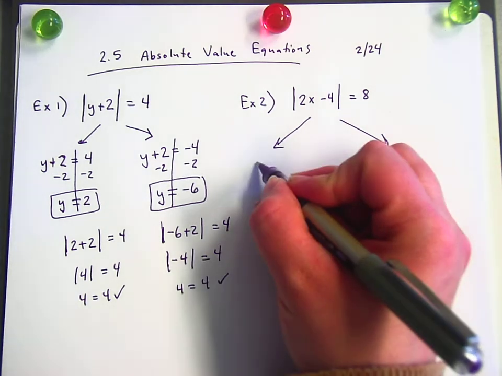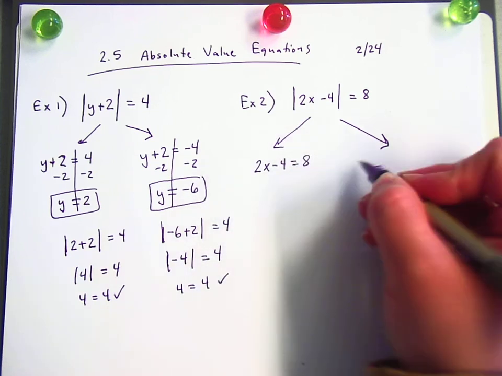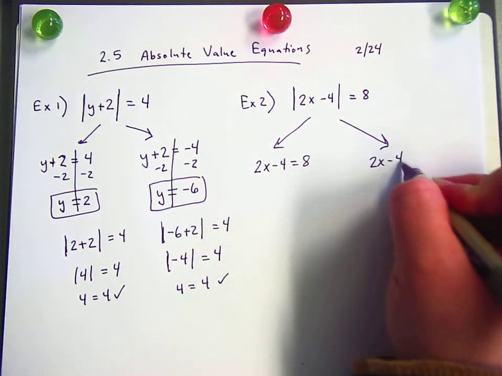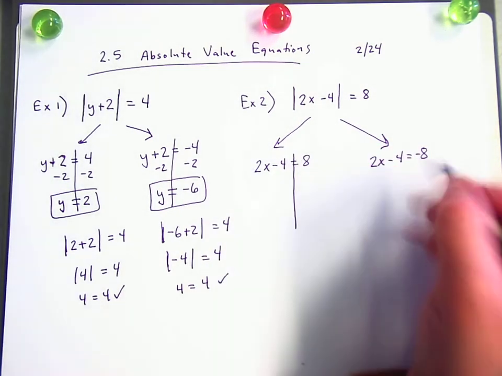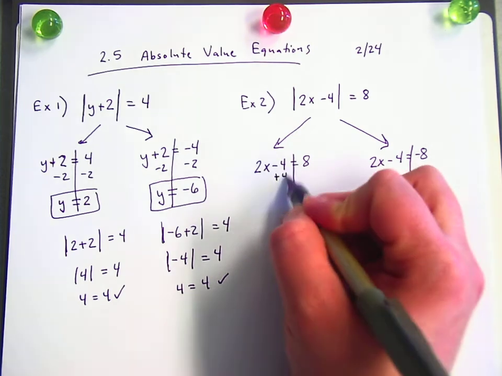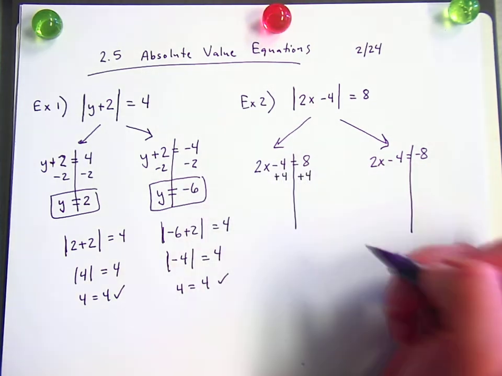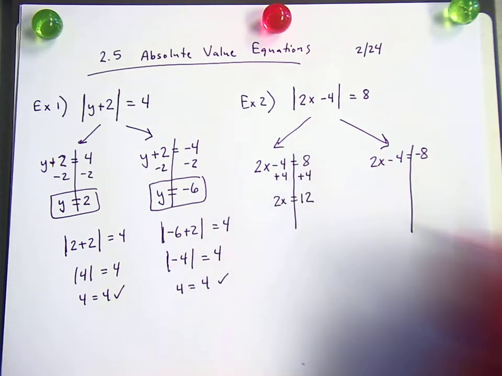All right, I'm going to write out this one. 2x minus 4 equals positive 8, and 2x minus 4 equals negative 8. And if I'm solving them, first thing I have to do on this one is add 4 to both sides. I get 2x equals 8 plus 4 is 12.